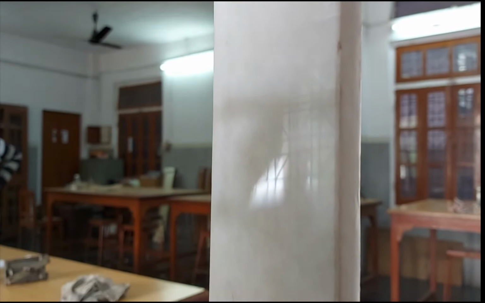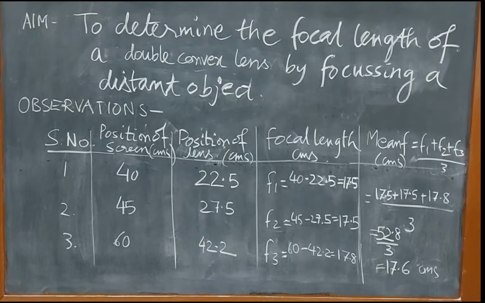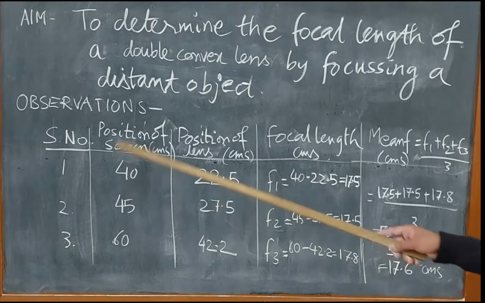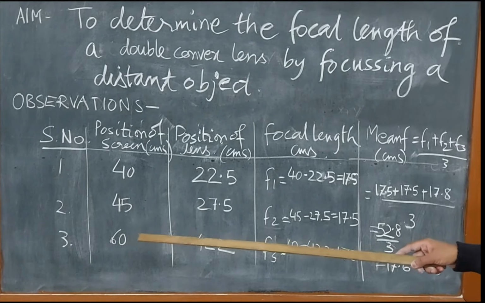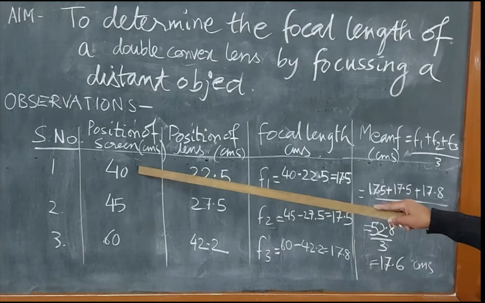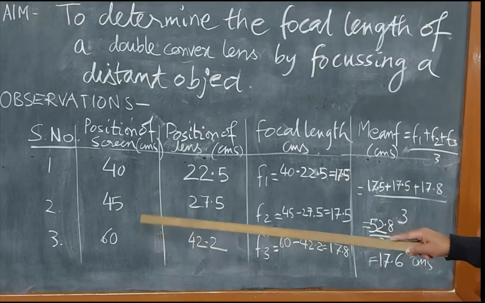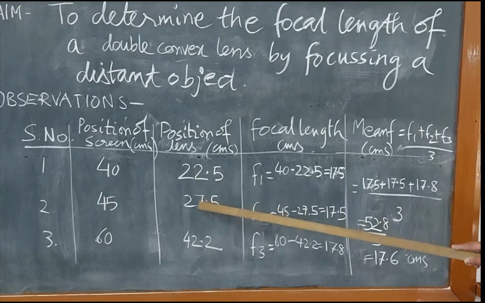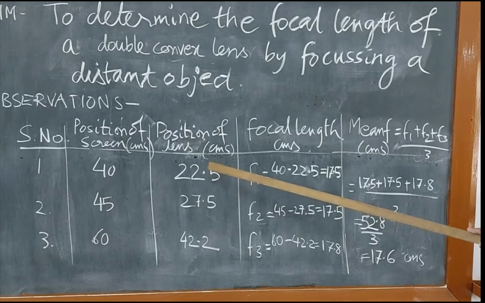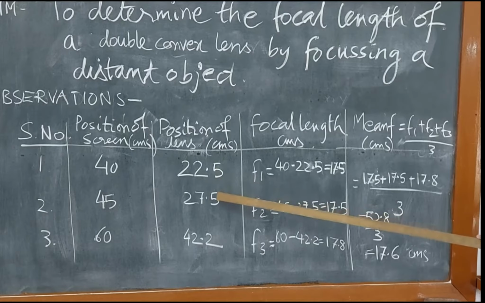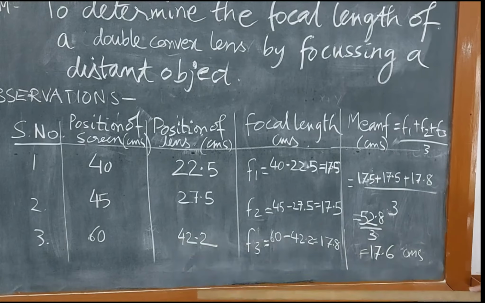Over to the blackboard now. Again we have taken multiple readings. Three readings is the best. Every time I fix the screen at different positions and I observe the position of the lens where I got the best image on the screen.